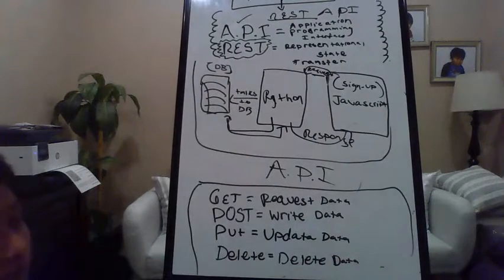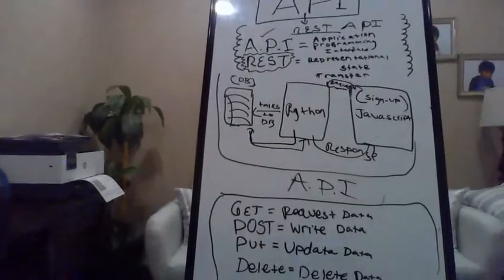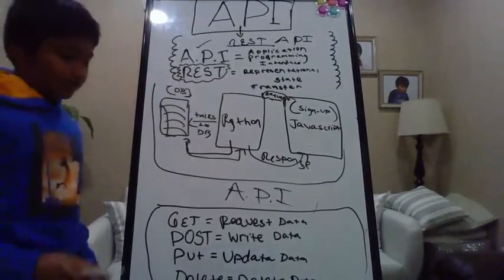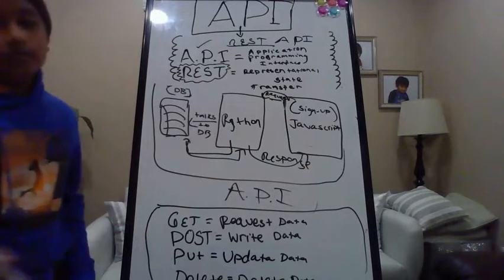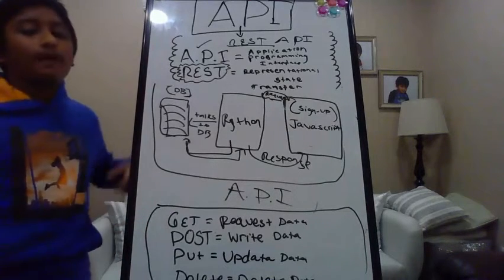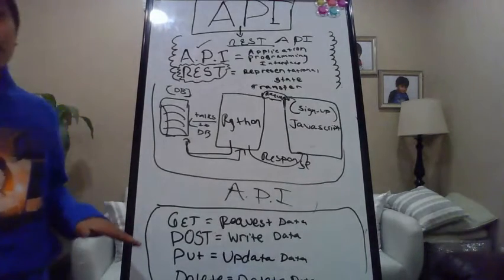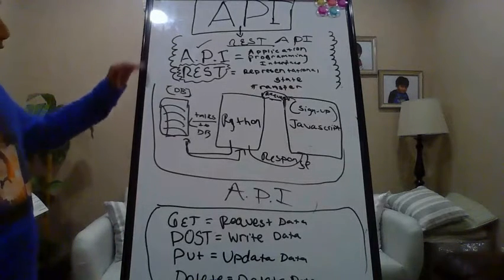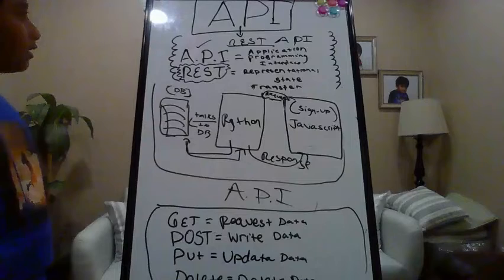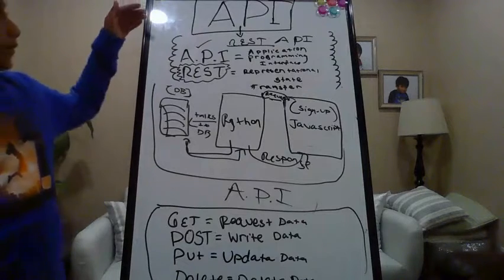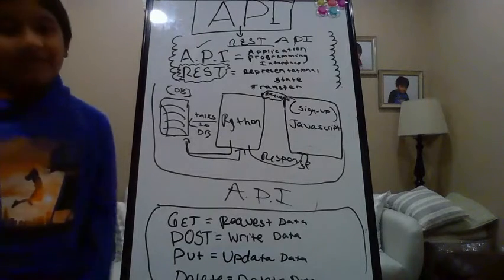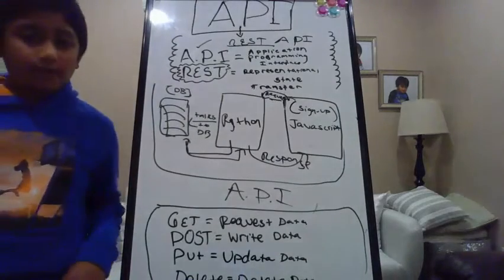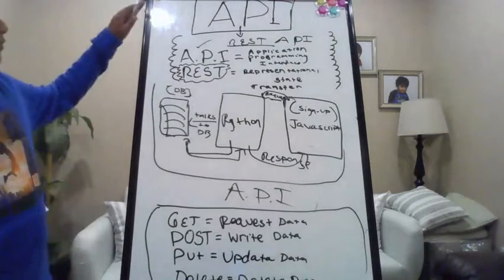All right, guys. So these are our means of communication: get, post, put, and delete. And there are a few more that I'm not talking about because these are probably the main ones that you're going to use. And yeah, that's a pretty good, oversimplified, but pretty good understanding of REST APIs.